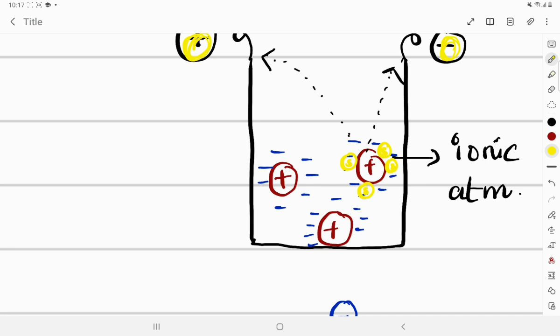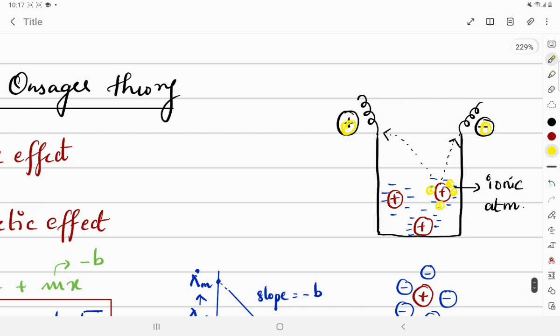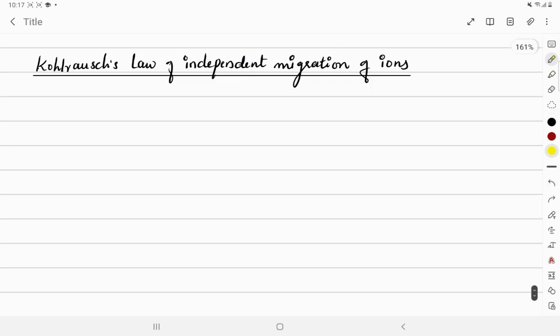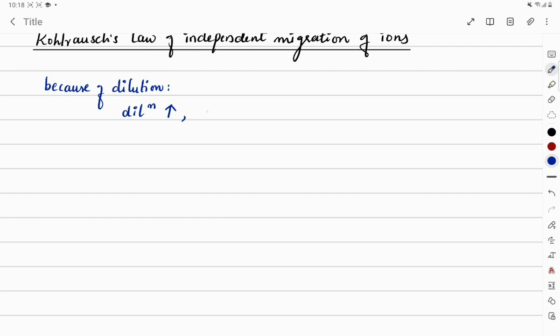So because of dilution, I'll just write it here. What are the changes happening? When dilution increases, the number of solvent molecules increases.